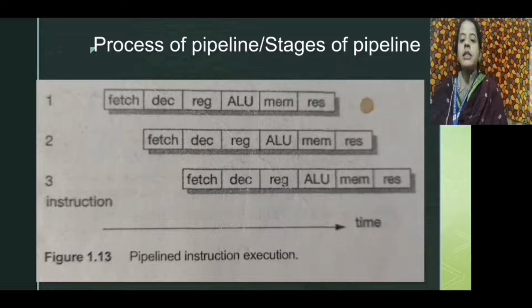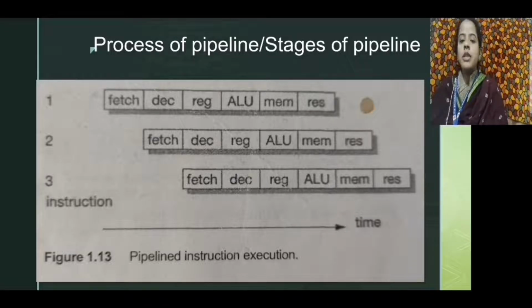Now goes to the next phase, that's the ALU. As we know, the ALU is used for performing any arithmetic or logical calculations in the computer system. The ALU phase combines the operands to form the result or a memory address. Now goes to the next stage, that's memory. The memory phase provides access to memory for data operands if necessary.